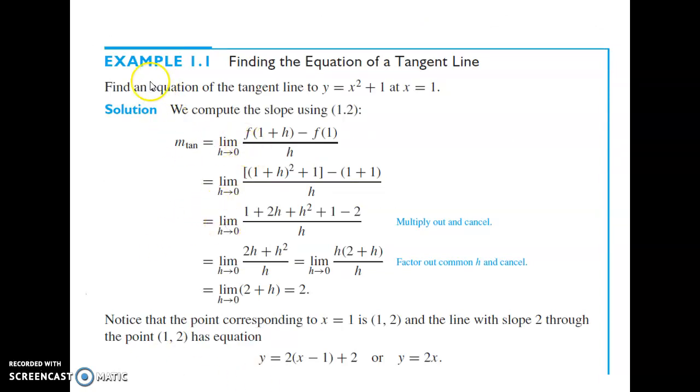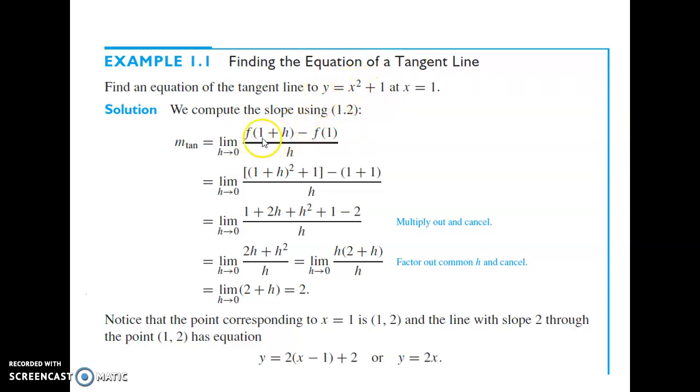Let's see one example here. Find the equation of the tangent line to this graph at this point. So I go back to the earlier formula, that is m_tan, where here a is equal to 1. So f(a+h) becomes f(1+h), then minus f(1), because a is 1 here. f(x) is x squared plus 1.